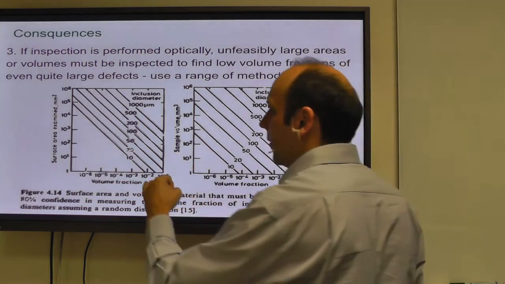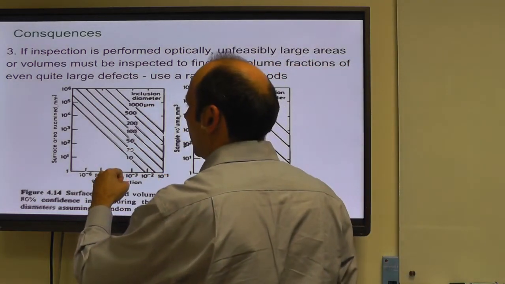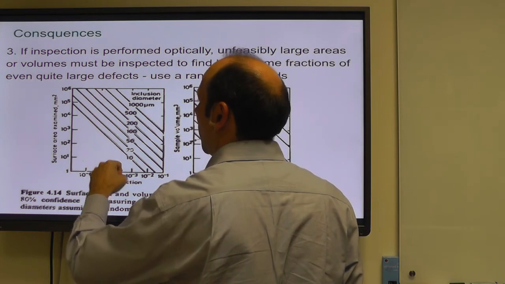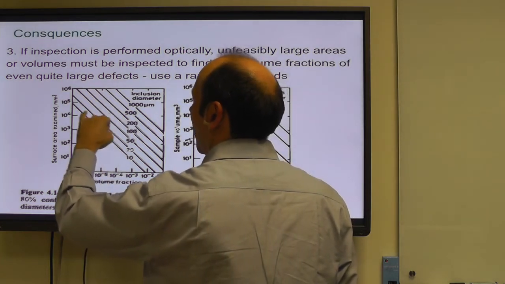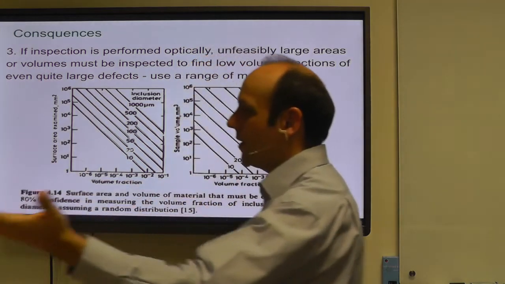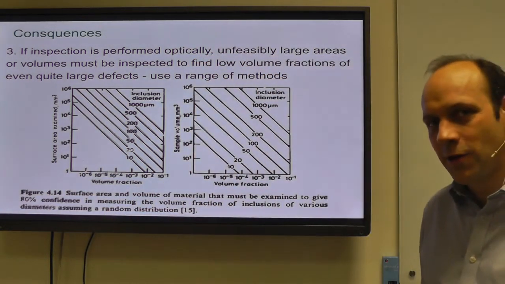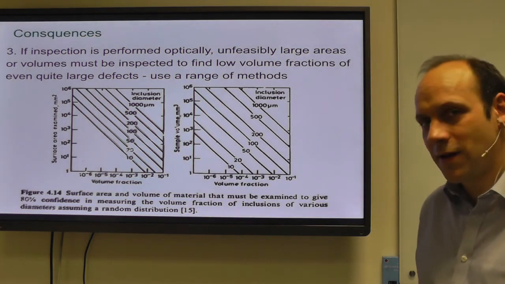If you were talking about a volume fraction of 10 to the minus 5, on the other hand, then you would need to examine for 50 micron defects something like 10,000 millimeters squared, which starts to feel like a lot of optical micrographs. Starts to feel unfeasible.